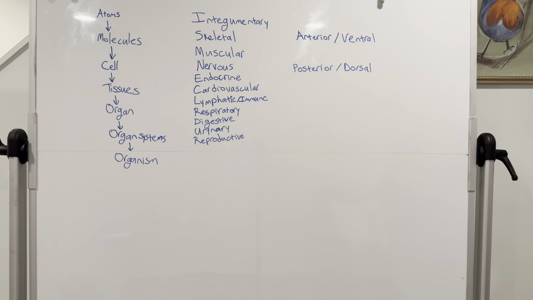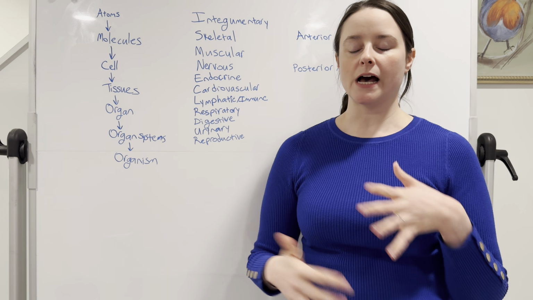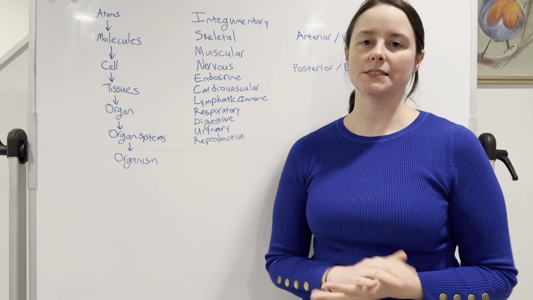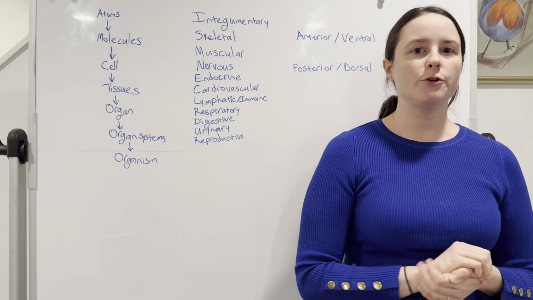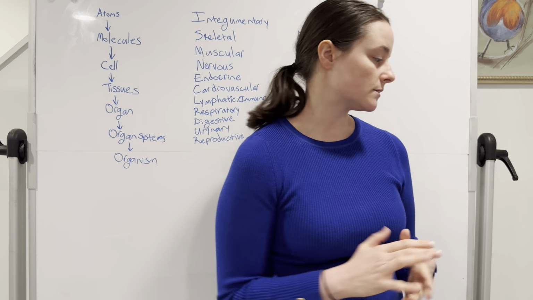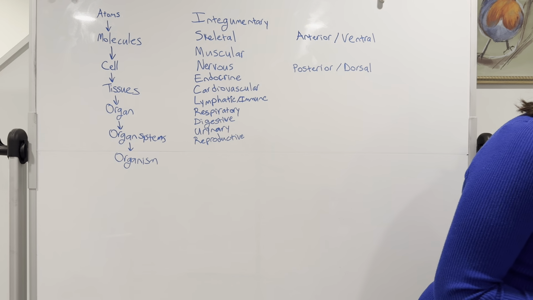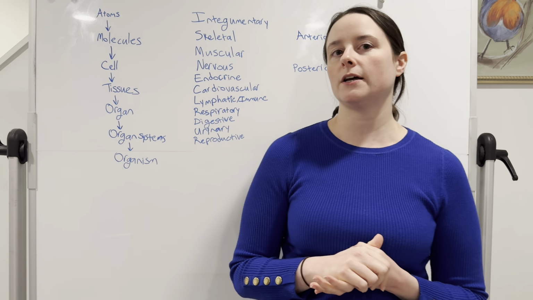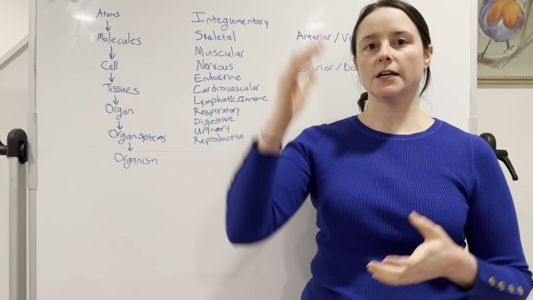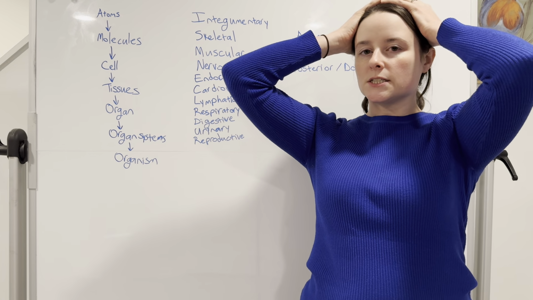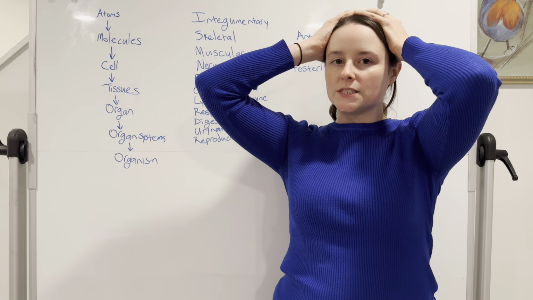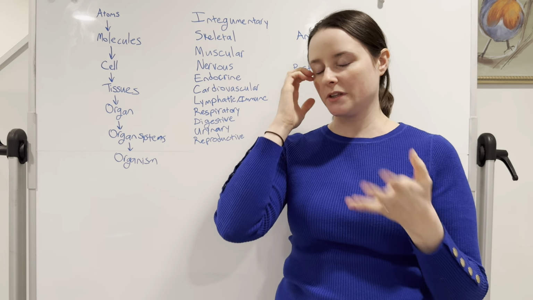All right, our body has a lot of cavities, which are spaces that typically hold organs. We have a few different ones that we're going to discuss. Let's start with the cranial and vertebral cavity. The cranial cavity is the part of the skull that holds the brain. The cranium you can think of as the brain.